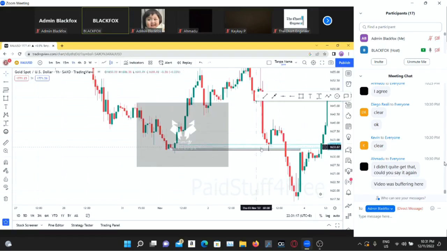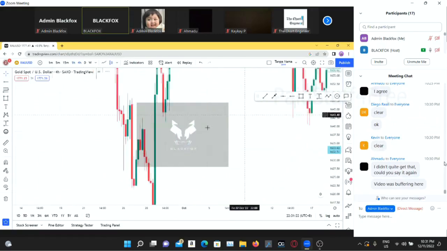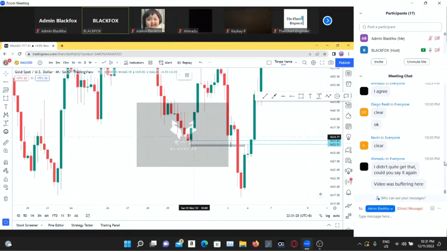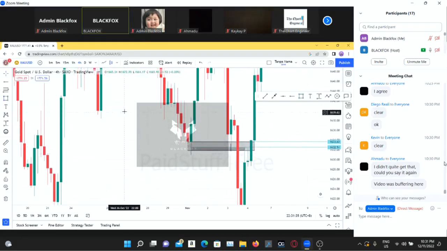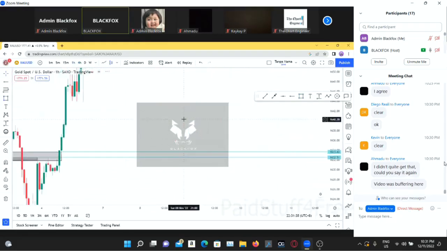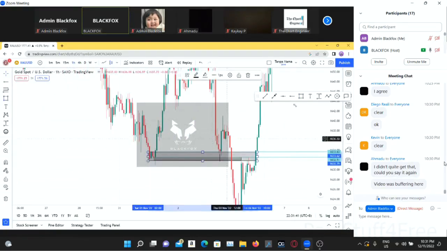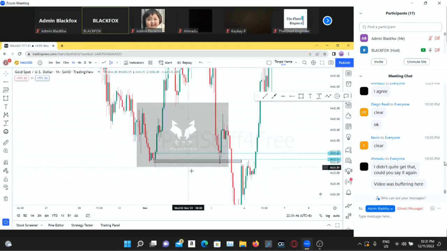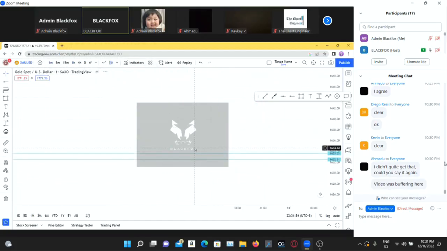So we cannot enter at this level. Also at H4, if we use setup, this zone is too big for us to put our SL. So we must be precise and go to H1. We have support right here, H1 support zone. And then we go to M1 to find confirmation.